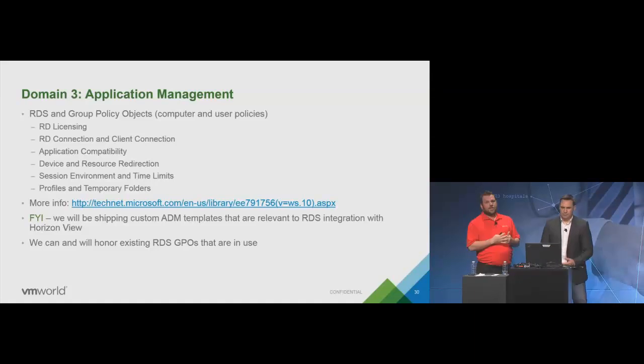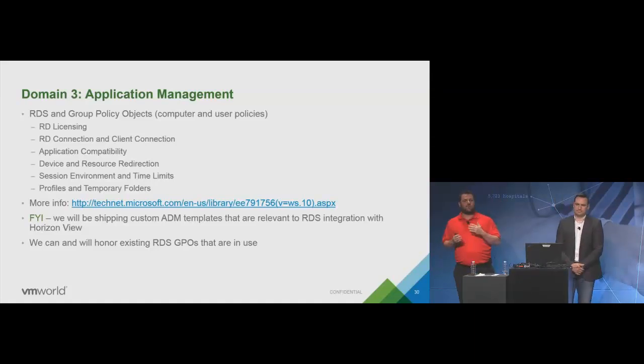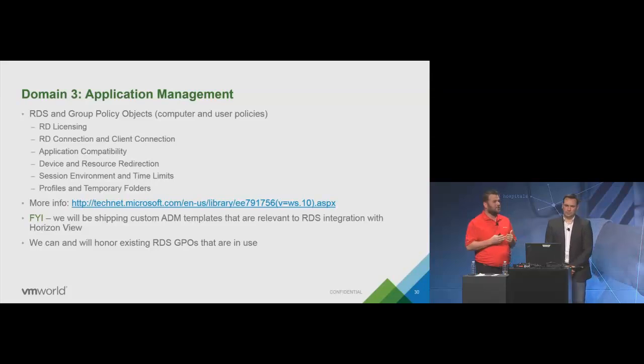Yeah. So looking at RDS, obviously now a lot of folks who have Horizon 6 are looking at application publishing and using RDS. So, RDS is pretty straightforward from a Horizon standpoint, and typically the issues really lie more from a Microsoft perspective, right?